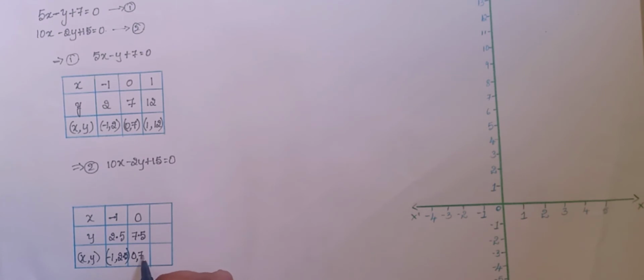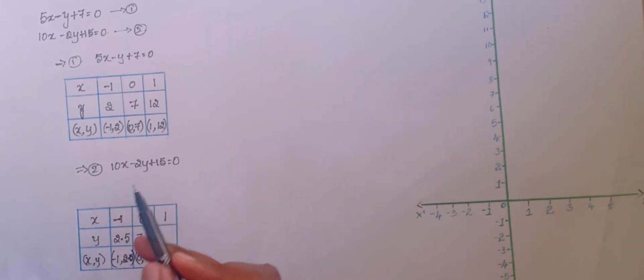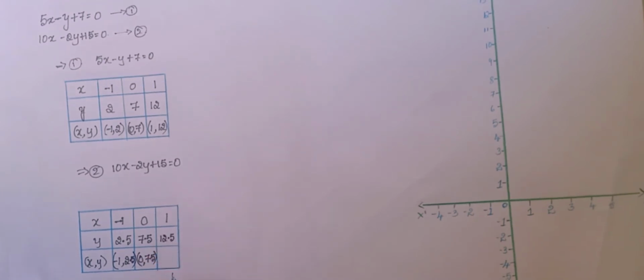Answer is 0 comma 7.5. Next, by substituting 1, I'll get 10 into 1, 10. 10 plus 15 we will get 25. That divided by 2 we will get 12.5. 1 comma 12.5 we will get.